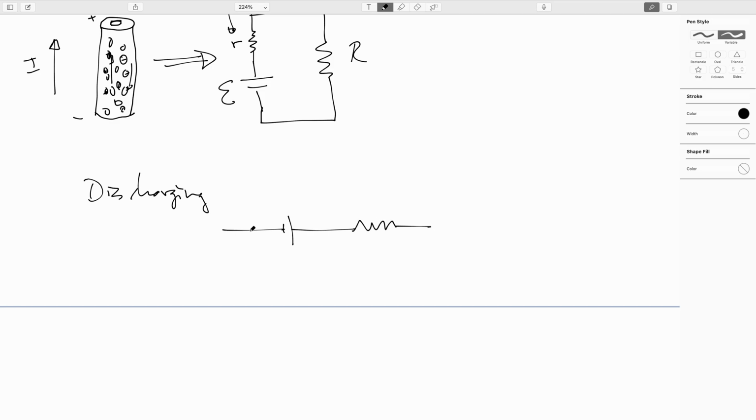Now, if you measure the terminal voltage of this, and we're pulling current this way since we're discharging. If you measure the terminal voltage, you would be sticking the red lead here and the black lead here.